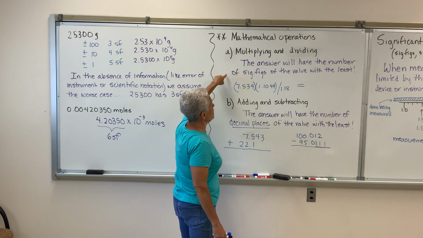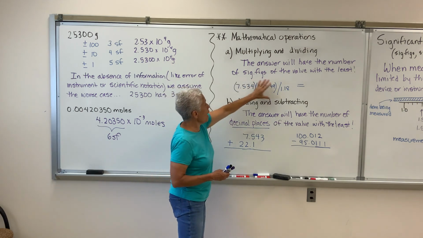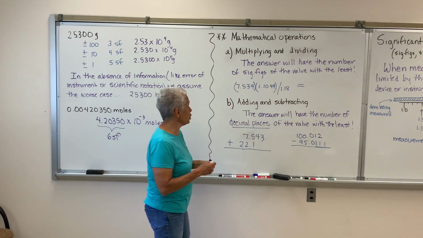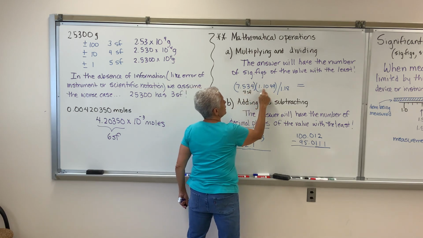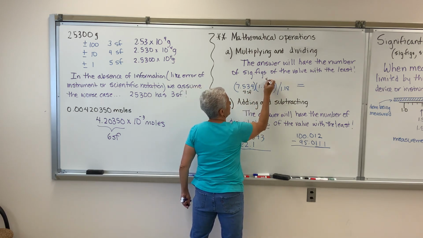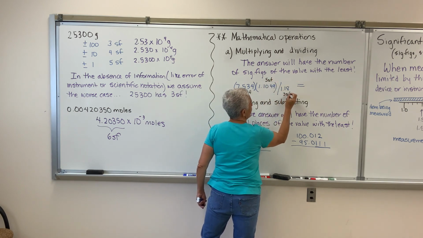The answer will have the number of significant figures of the value with the least. So if your operation just has multiplication and division, you go in there and you go 1, 2, 3, 4. He's got 4 SF. 1, 2, 3, 4, 5. He has 5 SF. 1, 2, 3. He has 3 SF.